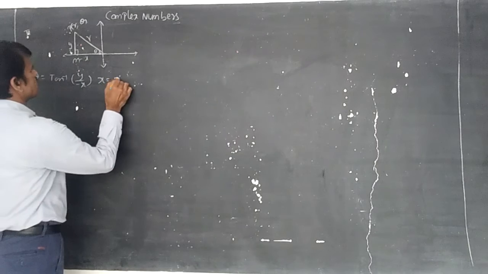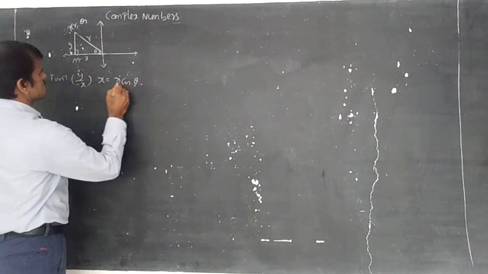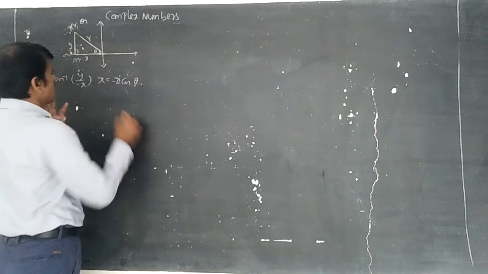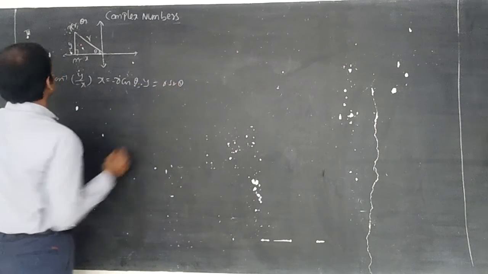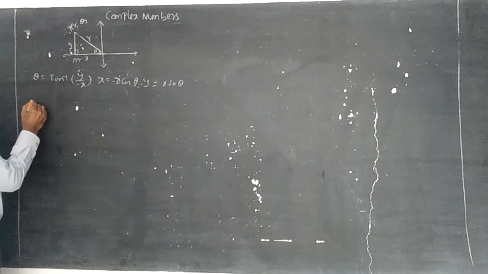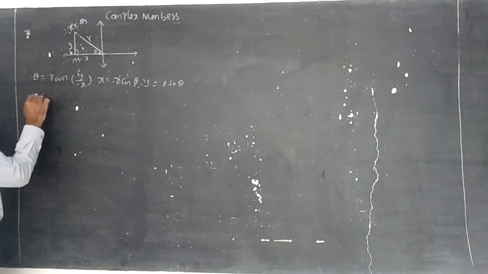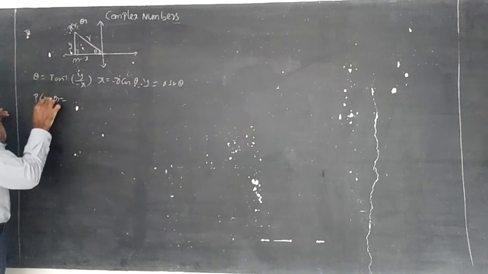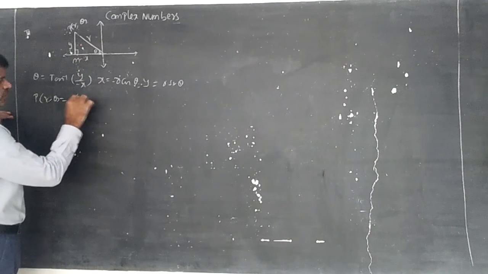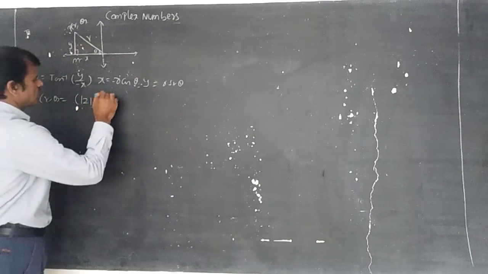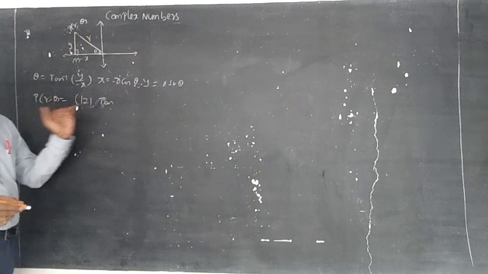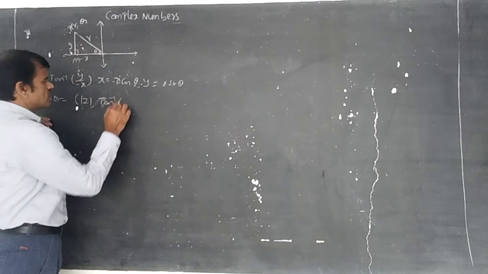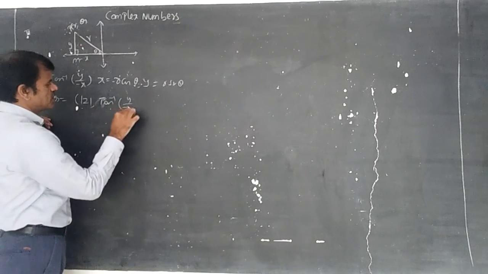So x is equal to, you can write here, r cos theta, maybe minus, and y is equal to r sin theta. This is plus. That's all. So P(r, theta) in the complex plane is modulus of z comma root of modulus of z, meaning root of x square plus y square, and tan inverse y by minus x.